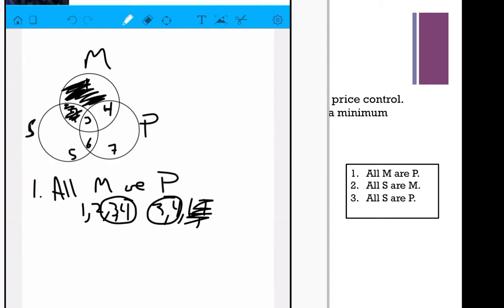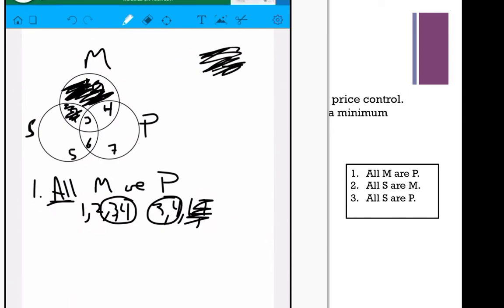Remember, and I didn't say this before starting, whenever you see all, know that you're using shade. And if the diagrams are still confusing, just notice that when you see all, you always shade in the regions in the subject term that you didn't circle. You always shade in the regions that aren't intersecting or overlapping with the predicate.